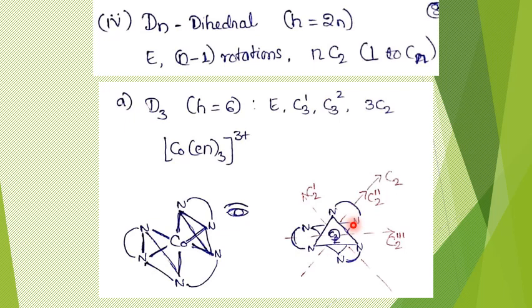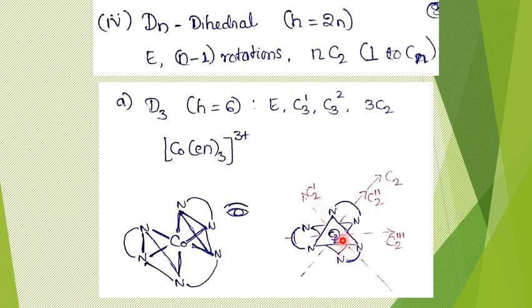Similarly this nitrogen which is present below, after rotating the molecule on this axis, comes to this position, and that's how the molecule results in an identical orientation. The other nitrogens also come to equivalent positions. So the molecule results in an equivalent orientation if we rotate it on this axis.